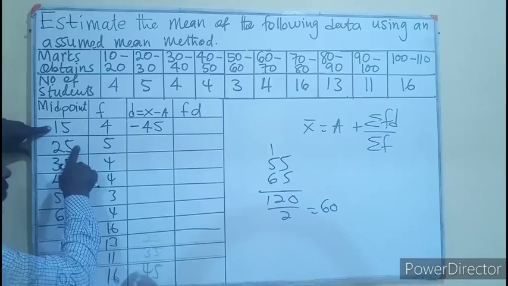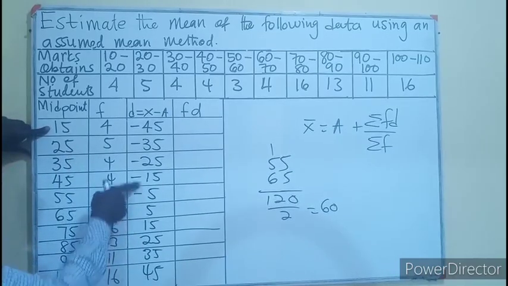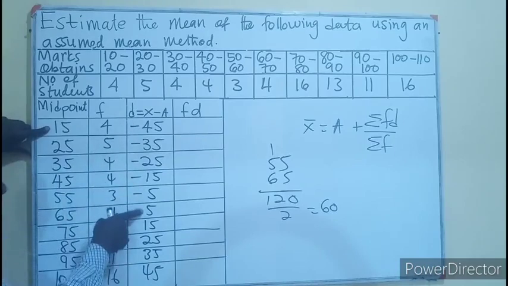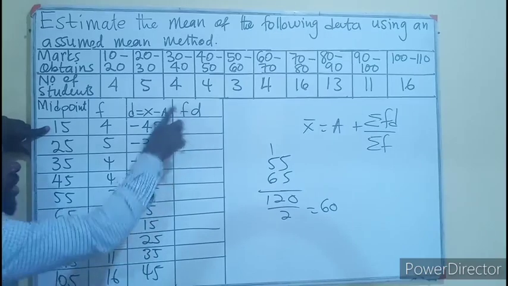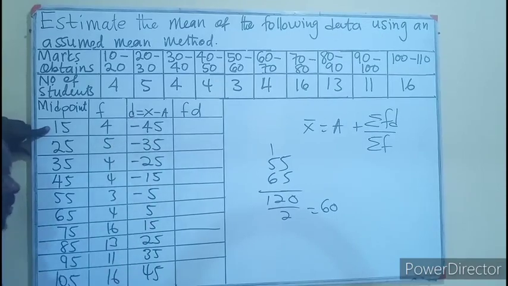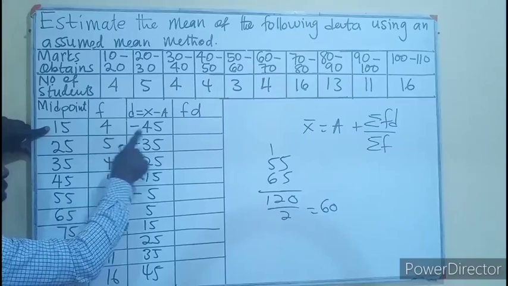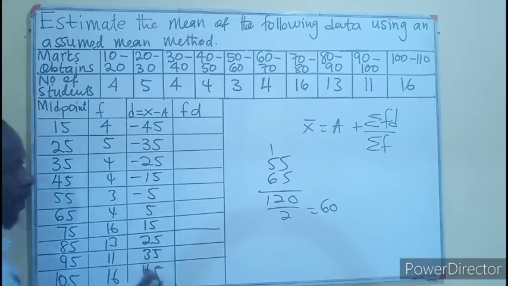Then you subtract 60 from the others, you can see the pattern that the positive numbers climbing up are the same as the negative numbers in terms of figures. Alright, so now we multiply the frequency times D, the values we have here. So 4 times this, then you multiply them in that order.